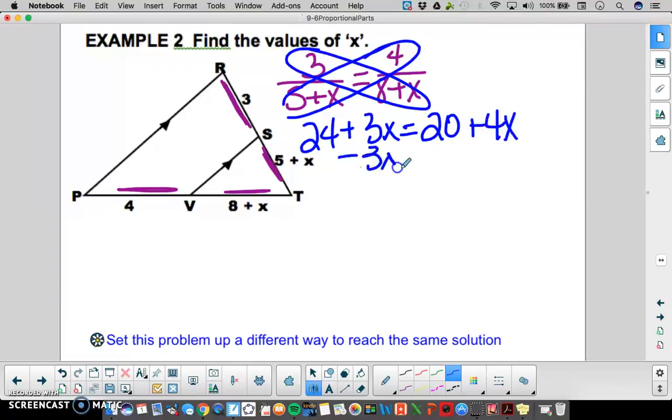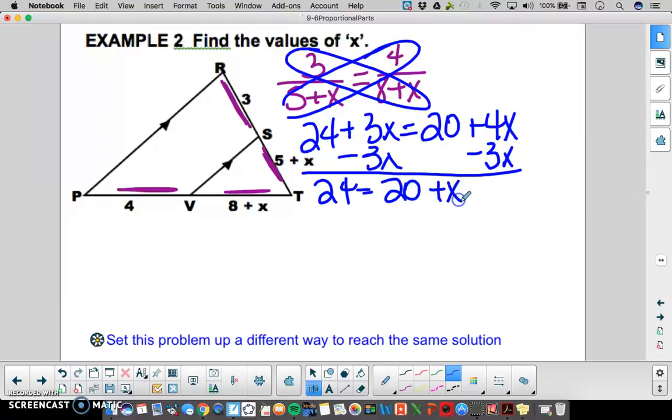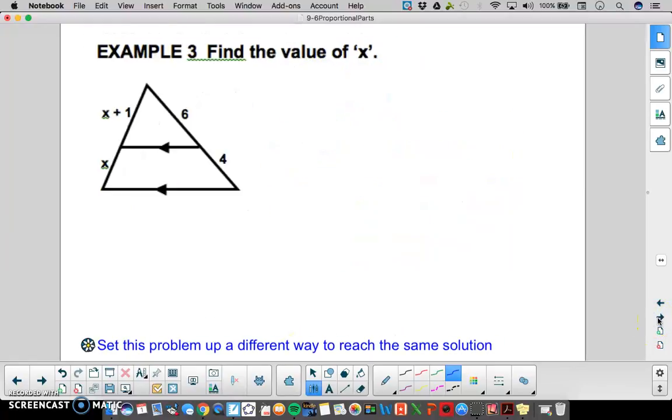Subtract 3x on each side, and get 24 equals 20 plus x. Subtract 20, and get that x equals 4. Again, set it up a different way and reach the same solution. I want you guys to try example 3.